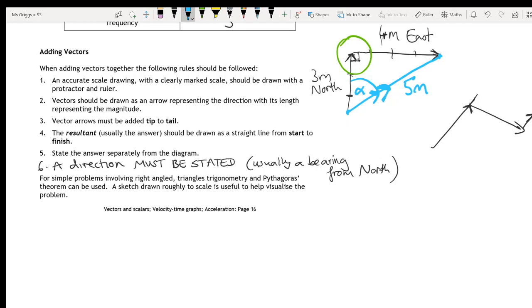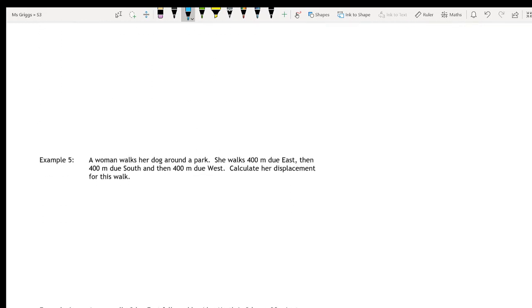In that case, it would be the angle I've just marked there. So your final answer would be something meters at a bearing of something else. It's always good to state the answer separately from the diagram so markers can see where you're at.